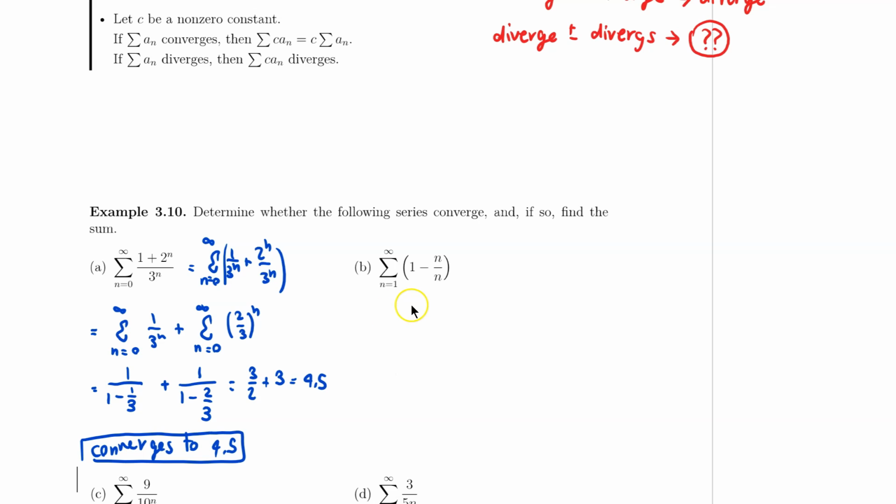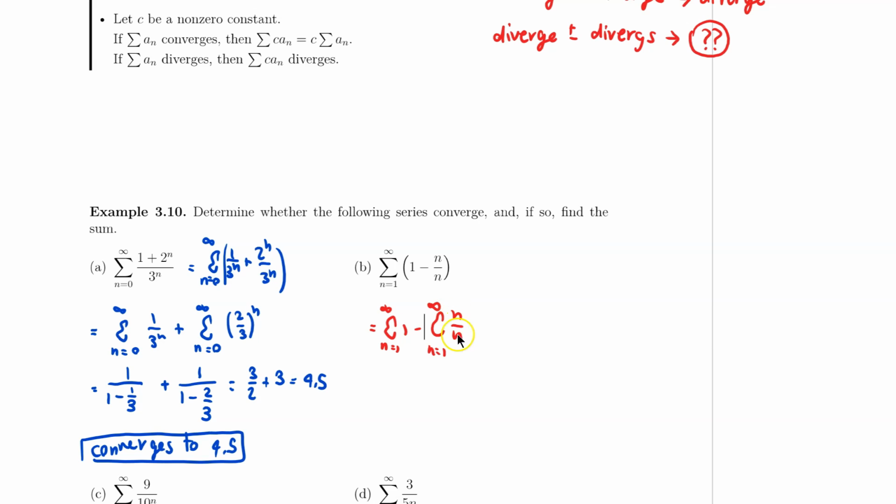Okay, for the second guy, notice how if I actually split this into two sums, I'm going to get the sum of 1 minus the sum of n over n.